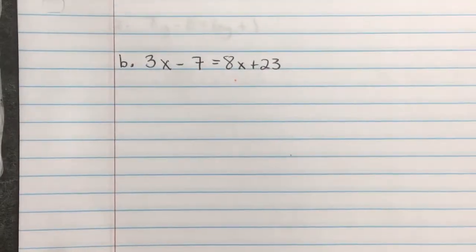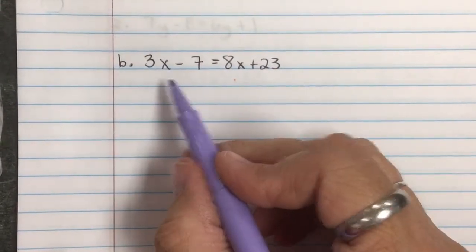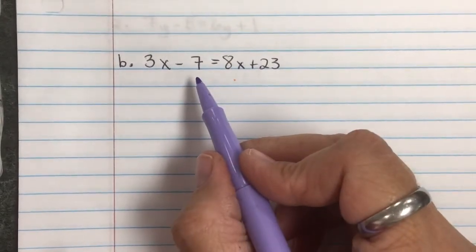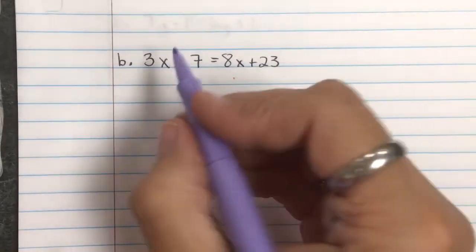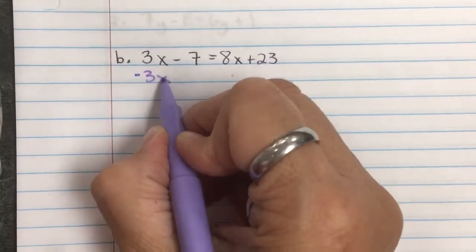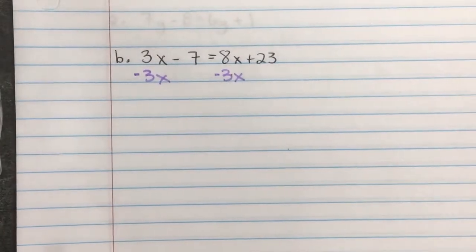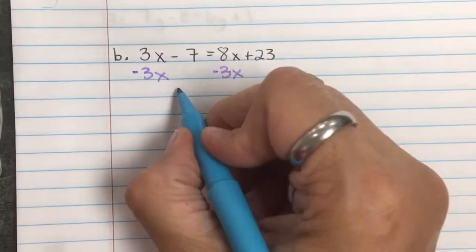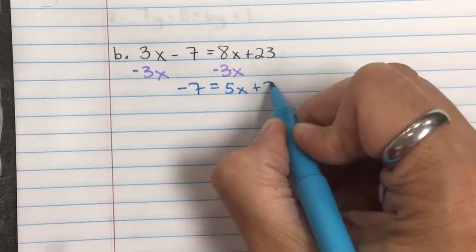On the other one, I hope you also did a very good job. Okay, I have variables on both sides. I also have constants on both sides. Now on this one, I personally am going to move the 3x to the other side. Does it matter? It does not matter. When we do this, I get negative 7 equals 5x plus 23.